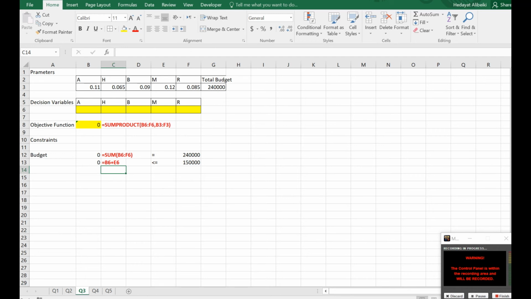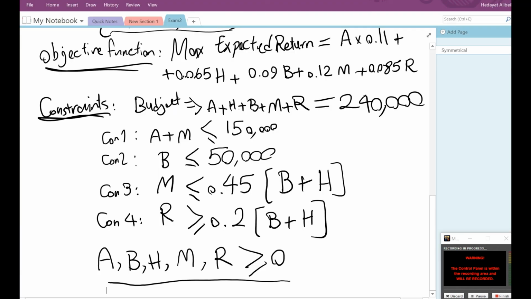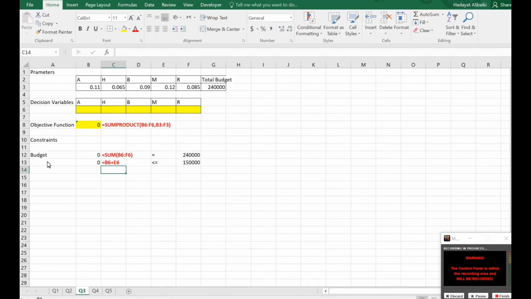Next one, banking should be less than 50,000. Banking less than 50,000. So this is constraint 1. So we have 4 constraints.